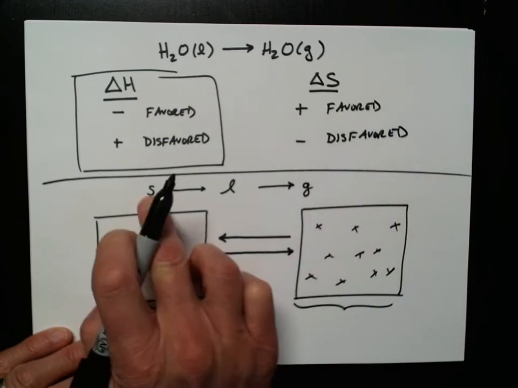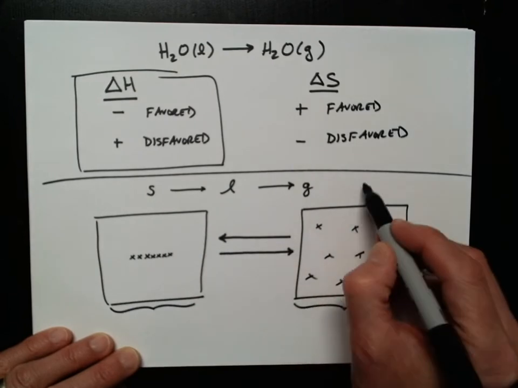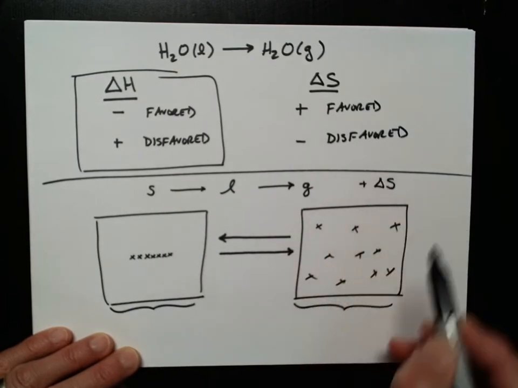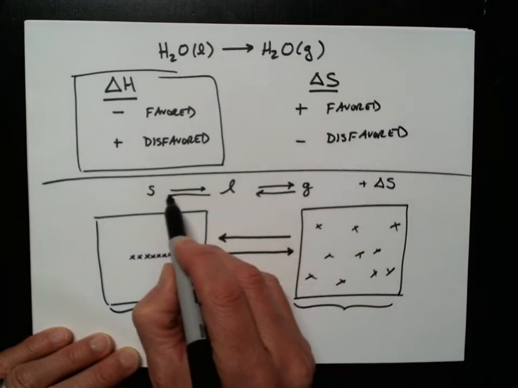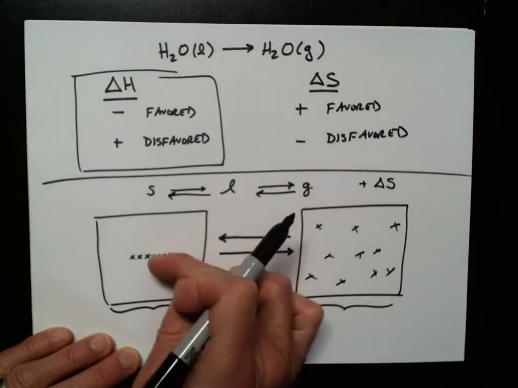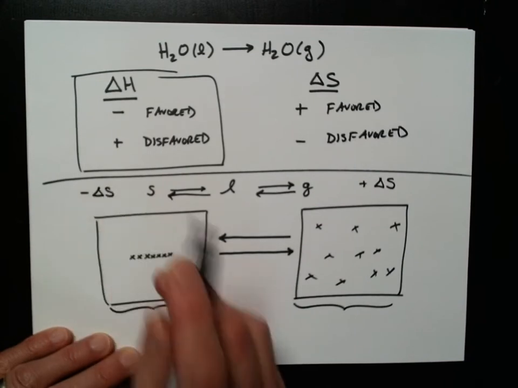So the process of going from a solid to a liquid to a gas represents an increase in entropy, so delta S positive. But if we go from a gas to a liquid to a solid, that's akin to heading in this direction in terms of matter, and so in that case delta S is negative.